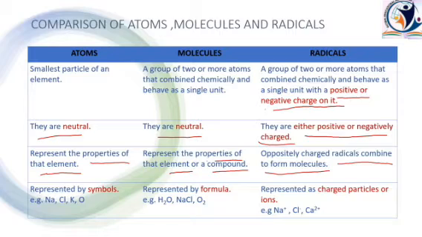So atoms are represented by their symbols like sodium, Na, chlorine, Cl, potassium, K, oxygen, O. Molecules are represented sometimes by formula or sometimes by symbol, like water is represented as H2O, sodium chloride as NaCl, oxygen molecule is written as O2. Whereas radicals are charged particles, so they are represented as ions or radicals like Na plus, sodium ion, Cl minus, chloride ion, Ca2 plus, calcium ion.